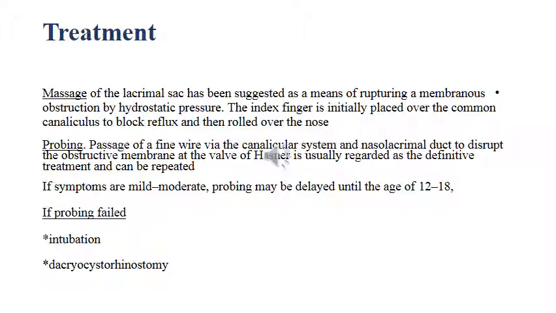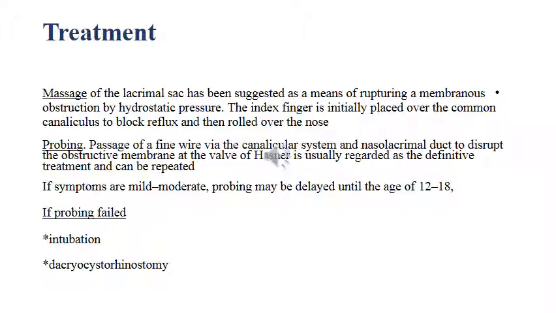If probing fails, which usually happens if the child comes to you very old, above 18 months, the success of probing is negligible. You need to know that probing should be done from the age of 12 months to 18 months only. After this, probing will be unsuccessful.